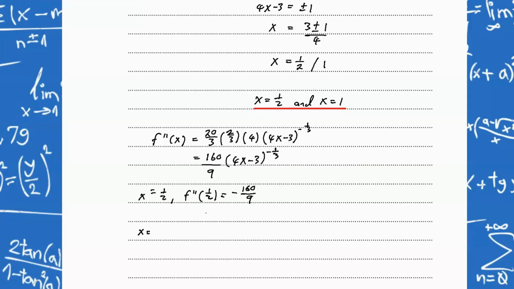And when x is equal to 1, that is f double prime of 1, here 4 minus 3, that's 1. So basically we get 160 over 9. So on top we are getting something that is less than 0, and therefore it's a maximum turning point, and this is greater than 0, and therefore it's a minimum point. So that's how we do it right there.